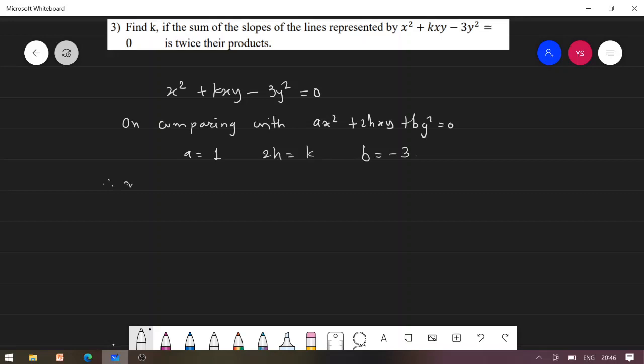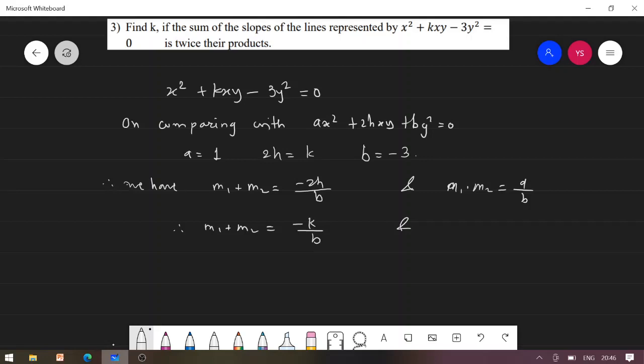Therefore, we have now m1 plus m2, we are comparing the slopes, that's why we are finding m1 plus m2 value here, which is minus twice h by b, and m1 into m2 value we are having as a by b. Replacing twice h, b and a by their values, we get m1 plus m2 equals to minus k by b.